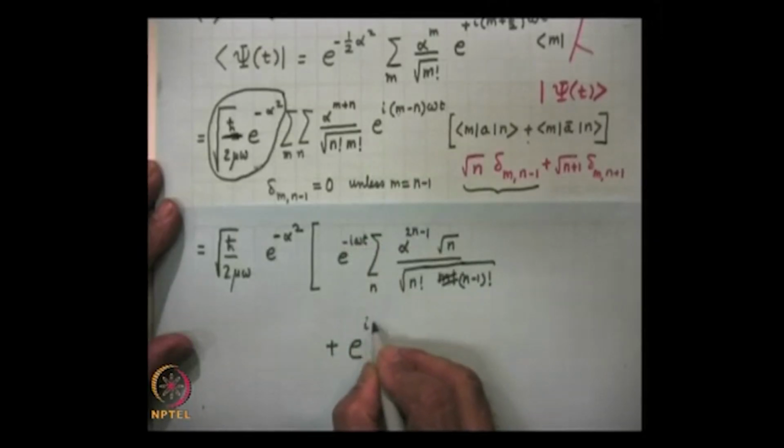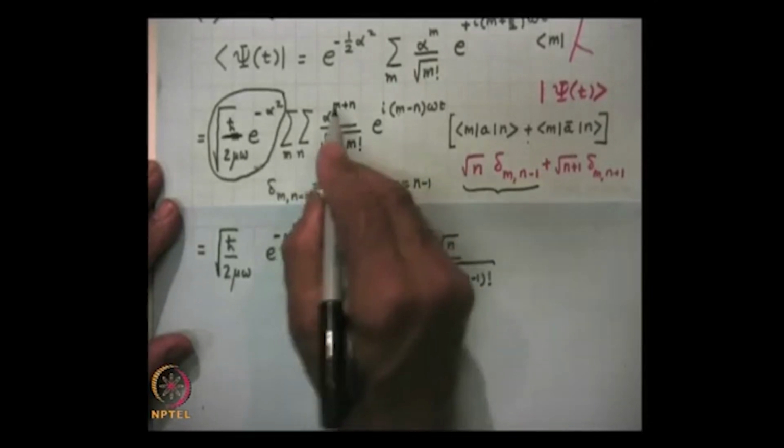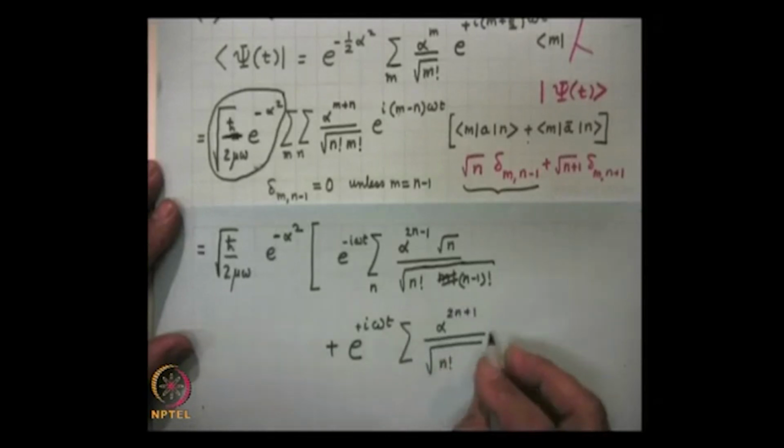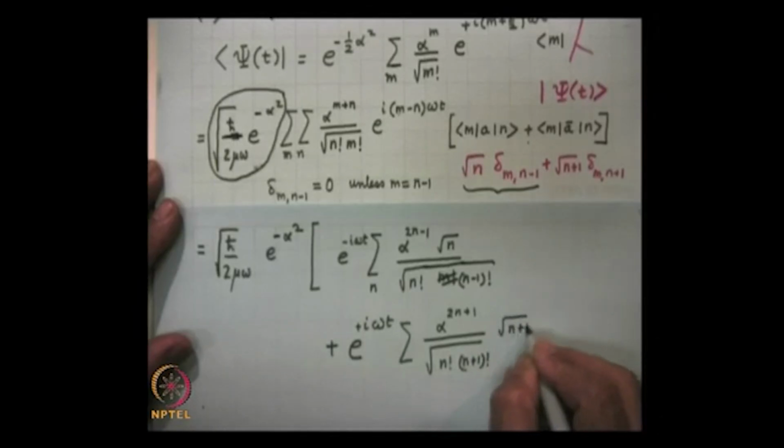So this is plus I omega t, sum over m is n plus 1, alpha to the power of 2 n plus 1 divided by square root of n factorial, and m factorial is n plus 1 factorial, multiplied by square root of n plus 1.